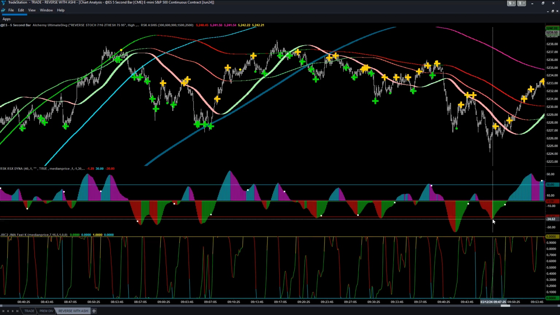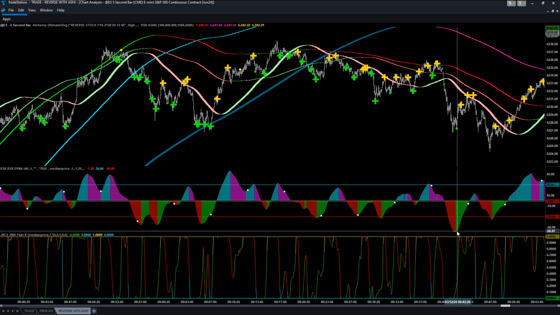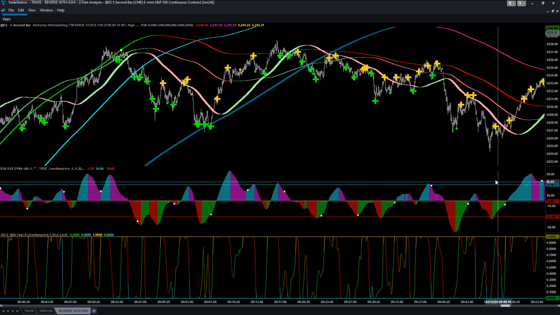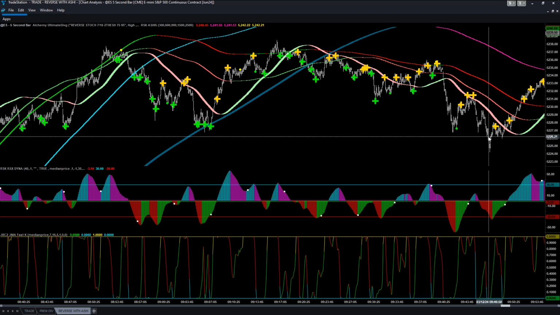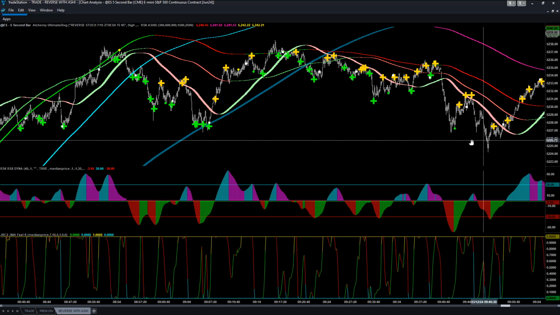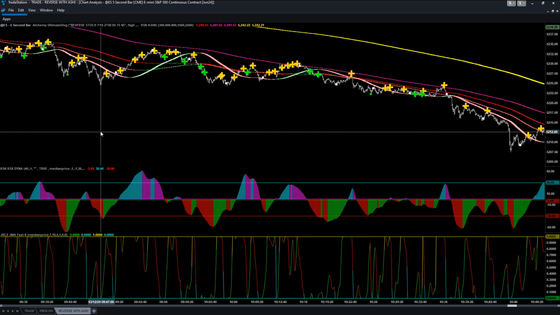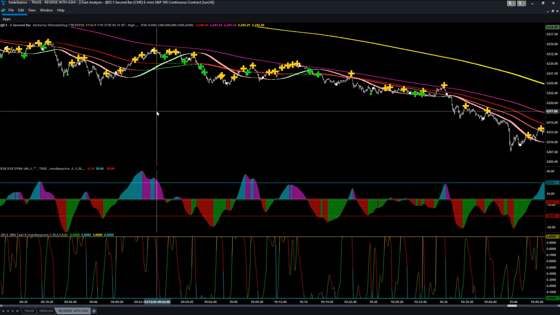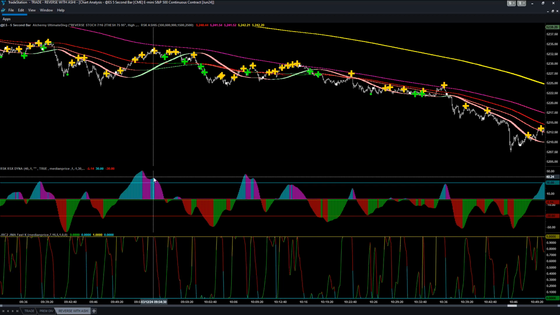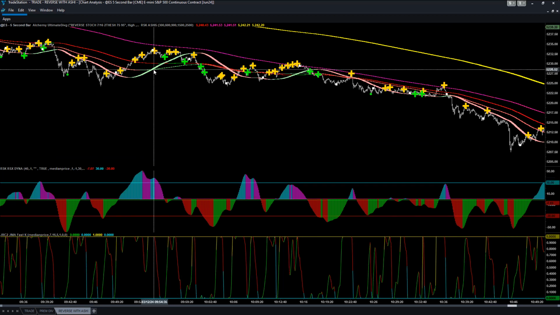Furthermore, you've got a major divergent pattern between this low and this low on the RSX, lower low here. That's regular divergence. But now as you're getting up into here, you got a lower high here. That's regular divergence.